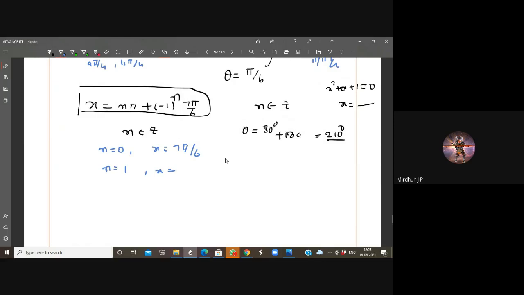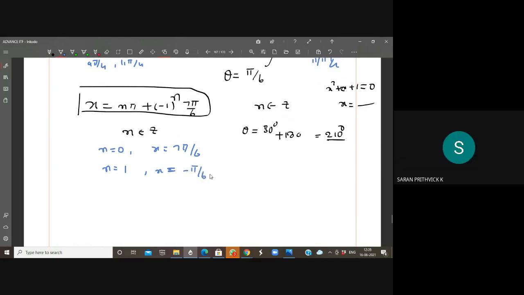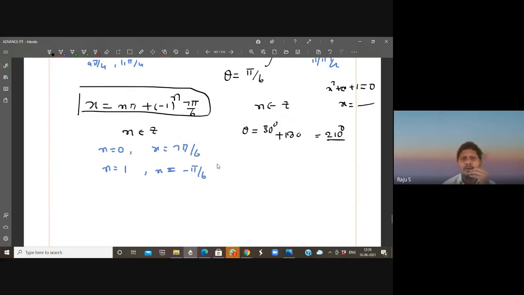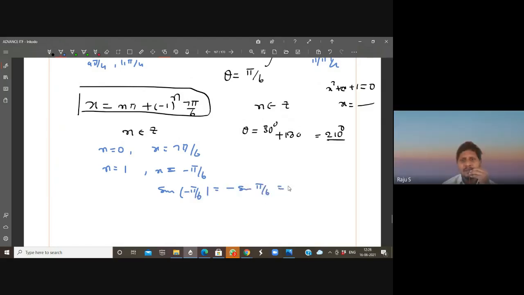Pi minus 7 pi by 6, and the value is minus pi by 6. Am I right? Sine of minus pi by 6, what is the value, students? Minus sine pi by 6, which is minus 1 by 2, or not?